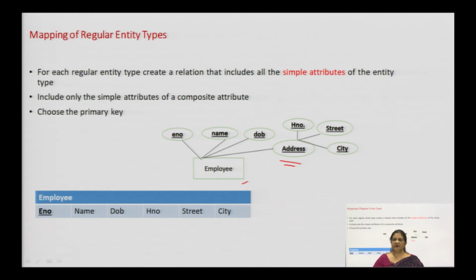So, now to map such a regular entity type, we will make a relation with the name of the entity and we will include all the simple attributes, that is ENO, name and the date of birth, and for the composite attribute we will include only the atomic or the simple attributes. That means, we will not have the address here, we will instead have house number, street and city, and then we will underline the primary key which is given in our ER diagram over here in the relation. So, this is how we will map a regular entity type.